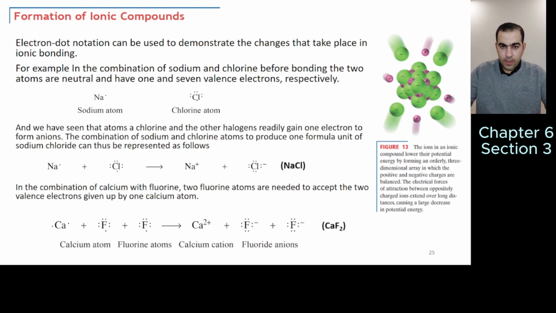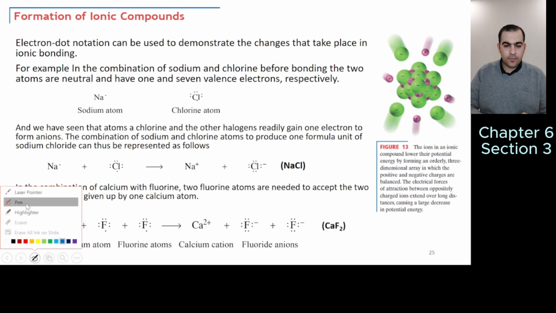We can also use electron dot notation to explain the formation of ionic compounds. There are 2 examples, not more. Also, we have some questions in the section review and chapter review. It's not very common to use electron dot notation for the formation of ionic compounds, so there are 2 examples of how we explain it.